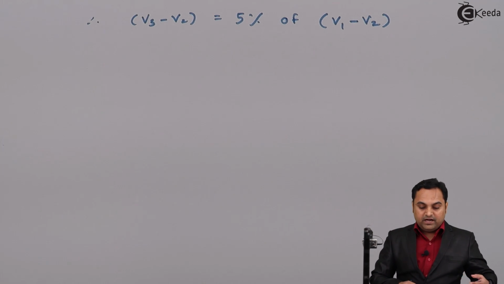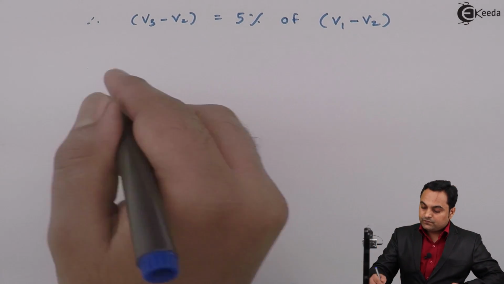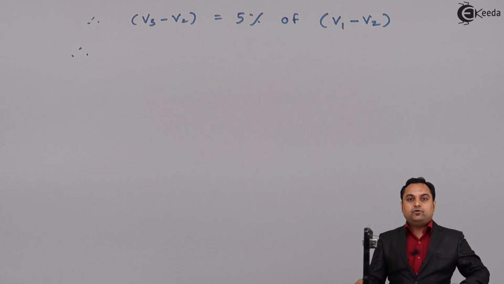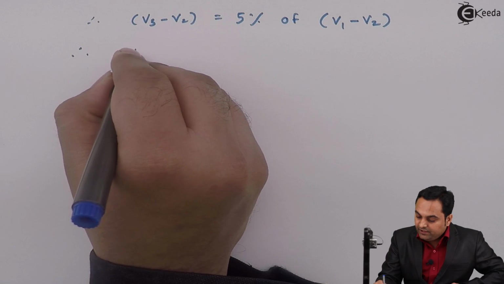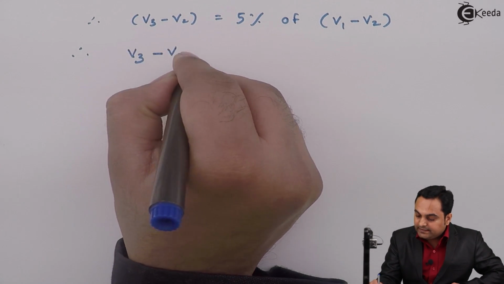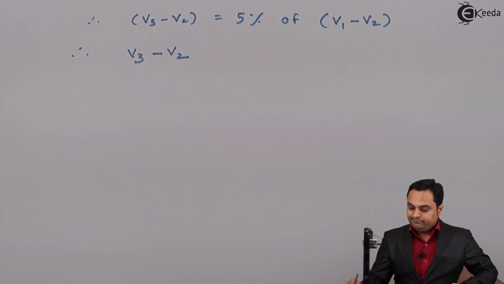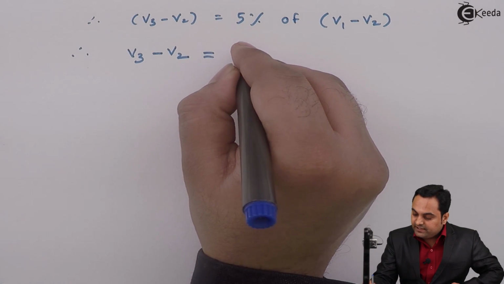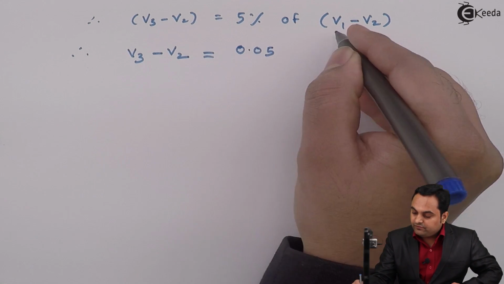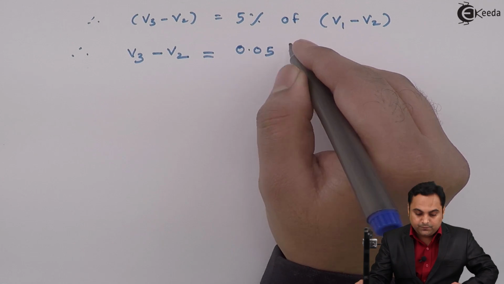Now after reaching this stage, we can say that therefore V3 minus V2, I'll keep it as it is, 5% can be written as 0.05 of V1 minus V2.